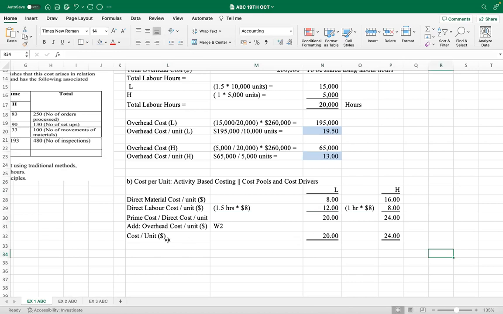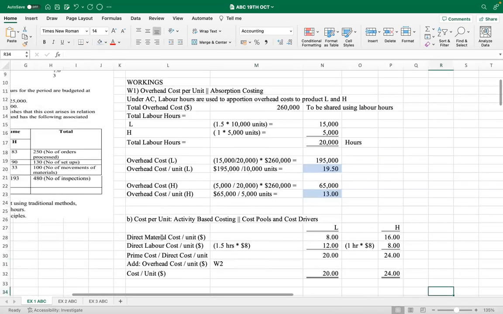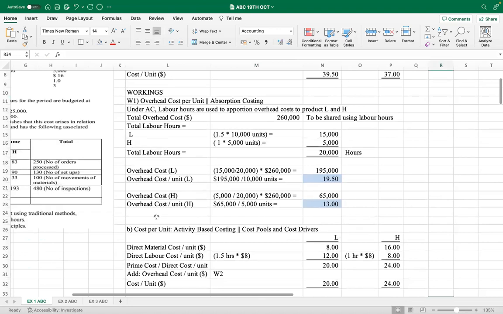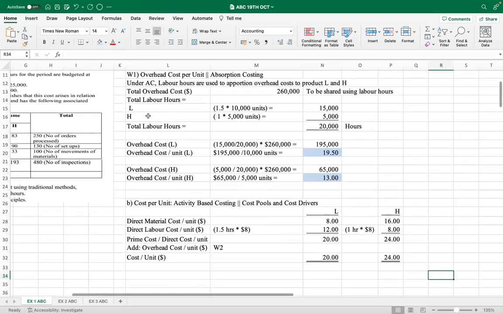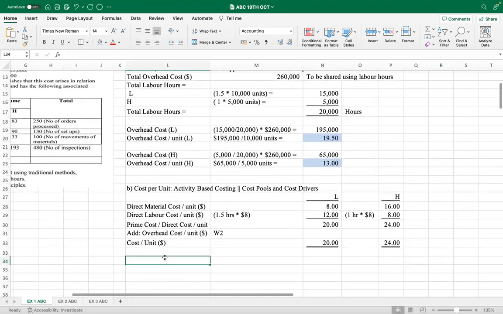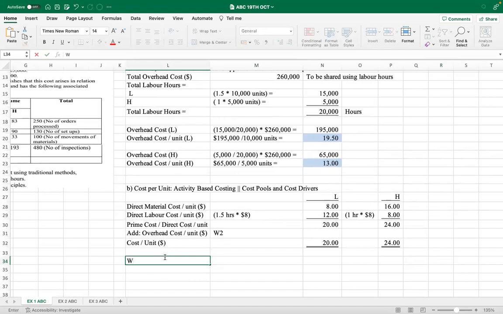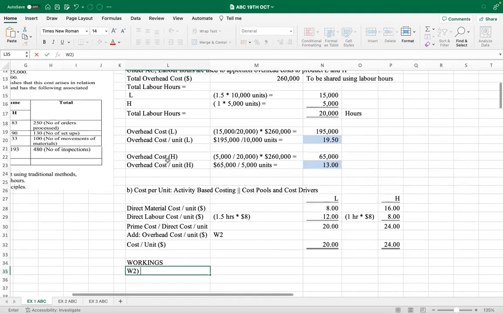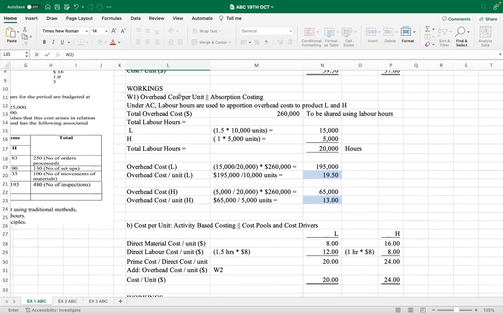So how do we account for overheads? We come here and have workings, and then we'll have working number 2. Working number 1 was overhead cost per unit under absorption costing.